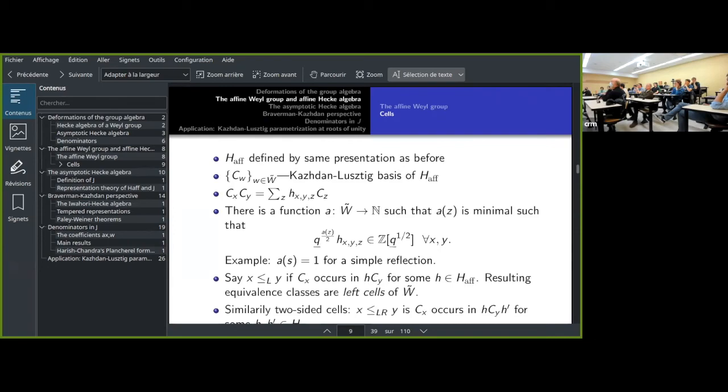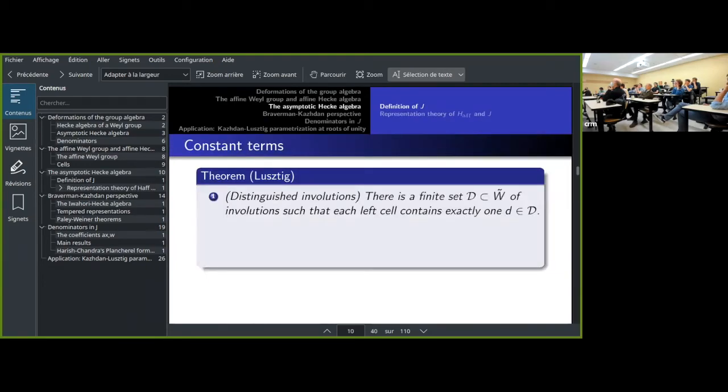It's known how to count two-sided cells. The number of left cells is actually complicated, and I think not in general known. There is a finite set of involutions inside the affine Weyl group, such that each left cell contains exactly one of them. Lusztig calls these the distinguished involutions. Hence there are finitely many two-sided cells and finitely many one-sided cells.